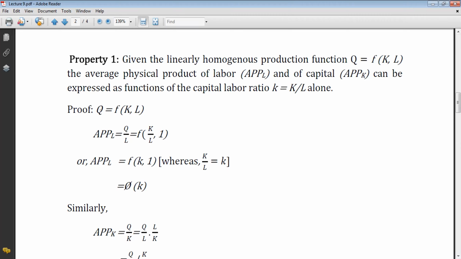So our production function is Q is a function of K and L. If we want to get average physical product of labor, then we have to divide Q by L. So I'm sharing the whiteboard with you.